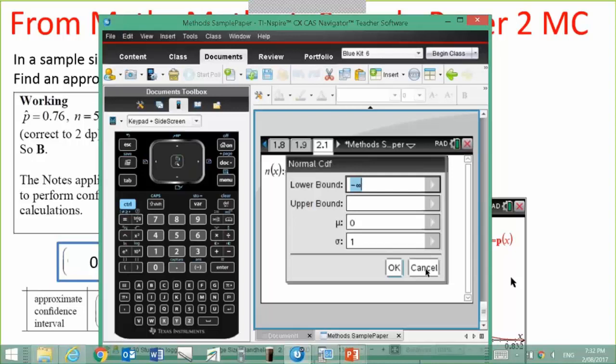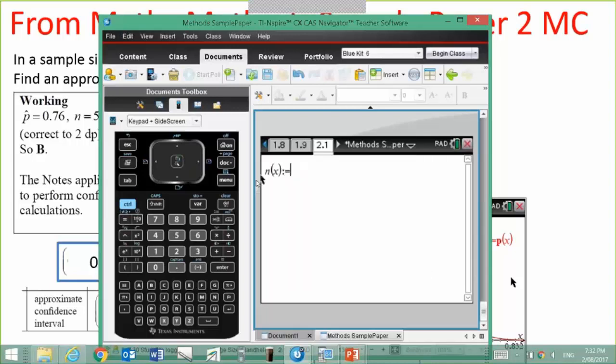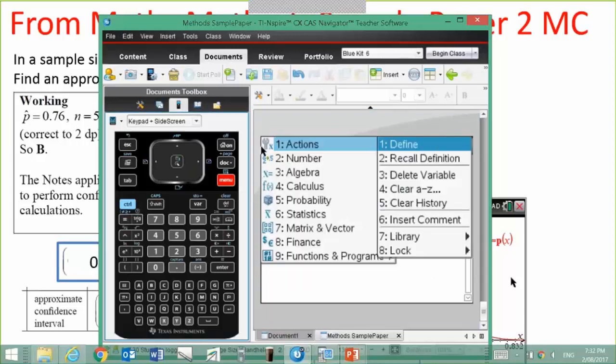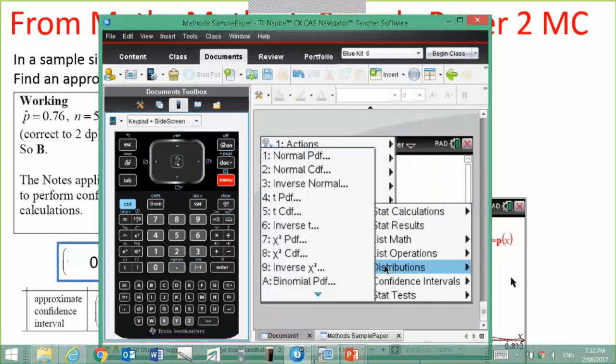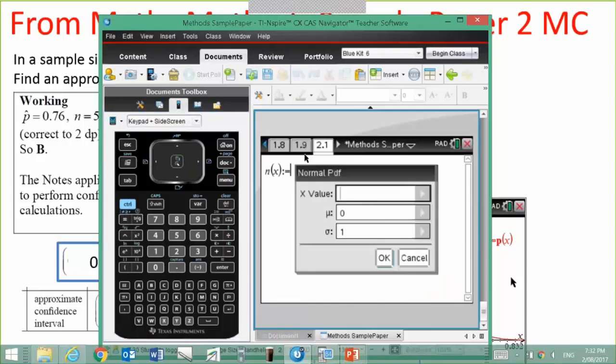Hang on, no I don't. Normal PDF. And the x value is x. That's the trick. So I make that the variable.